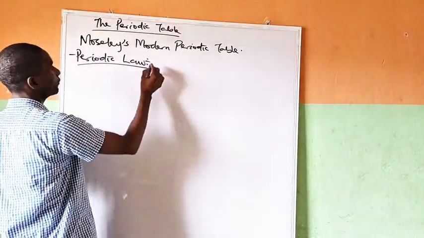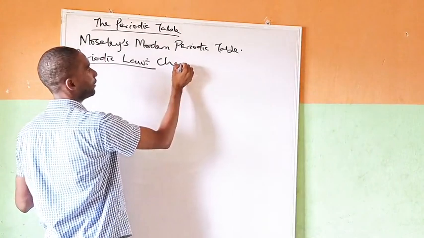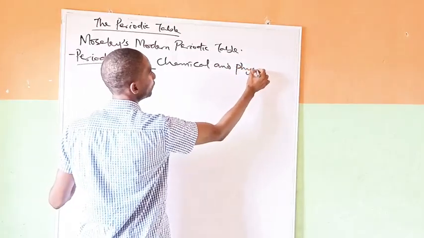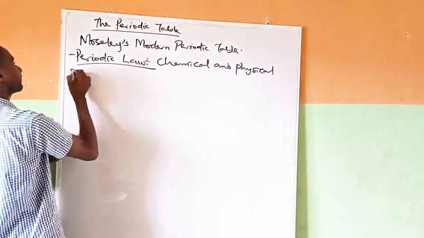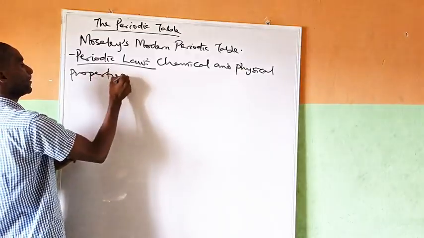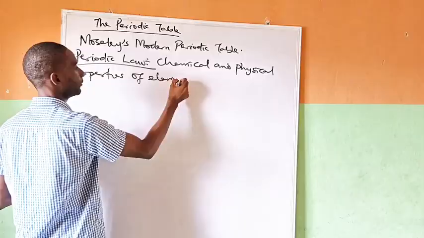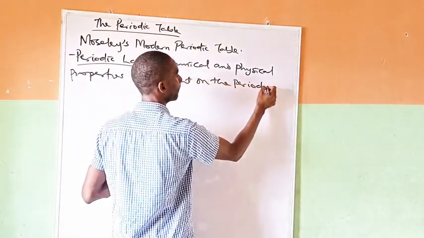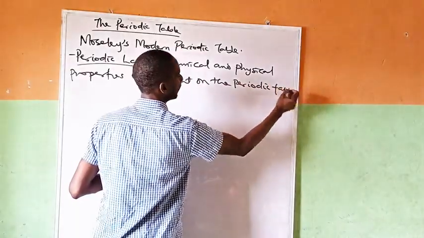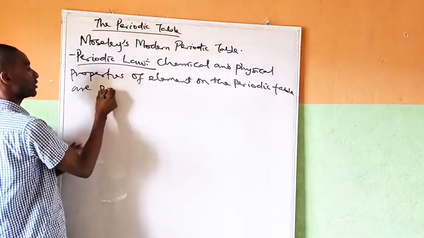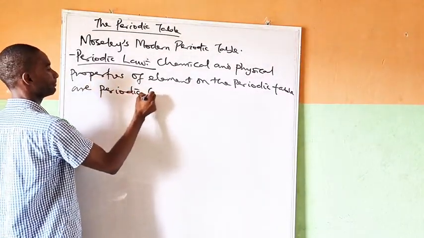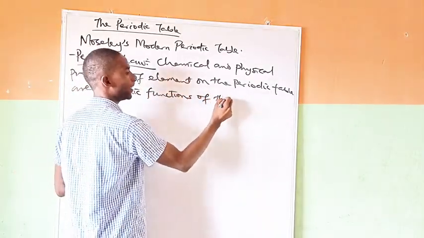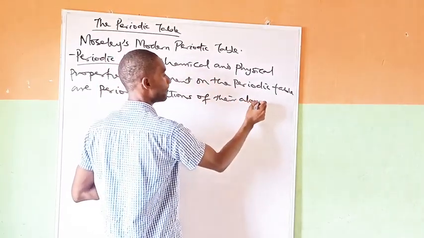The periodic law states that the chemical and physical properties of elements on the periodic table are periodic functions of their atomic number.